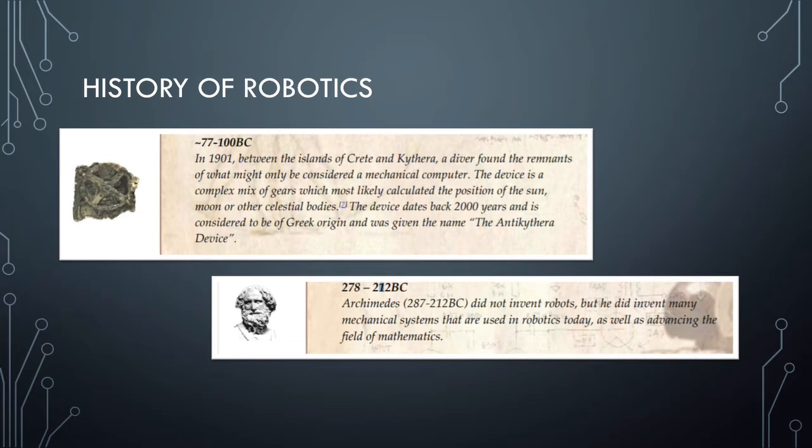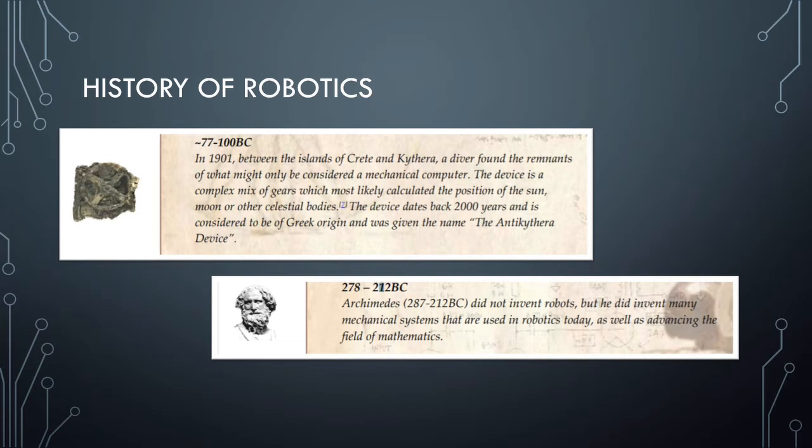We do know that between around 278 and 212 BC, this is actually a little bit before what we think was the start of robotics, there was Archimedes, who didn't invent robots per se, but he did come up with a lot of different mechanical systems that we use in robots.